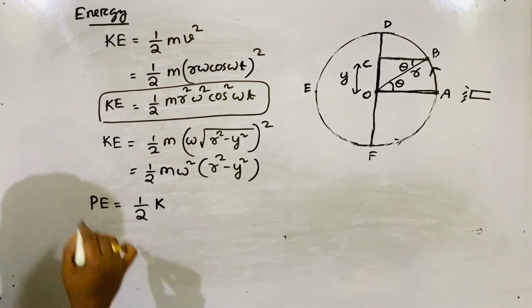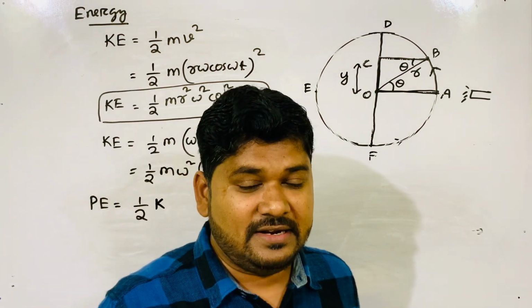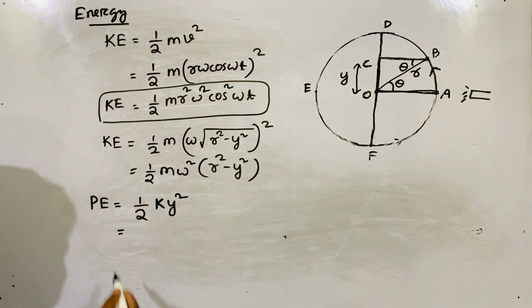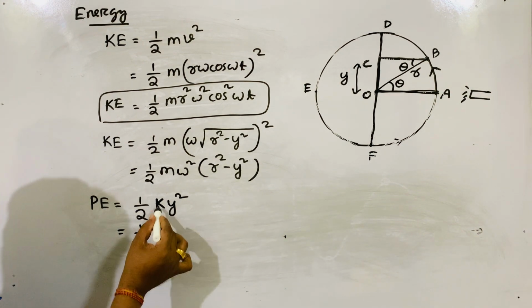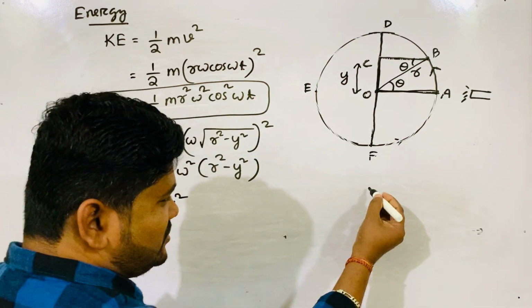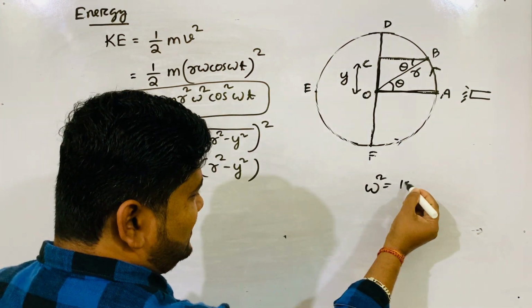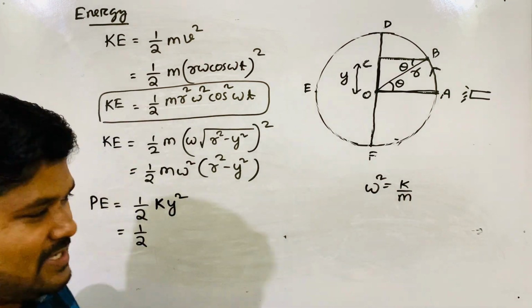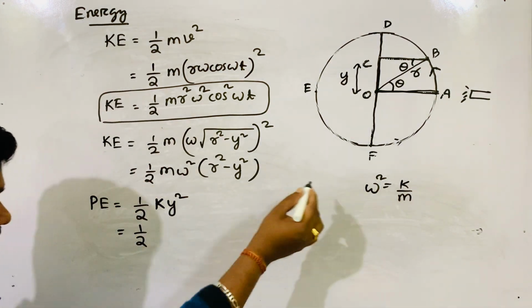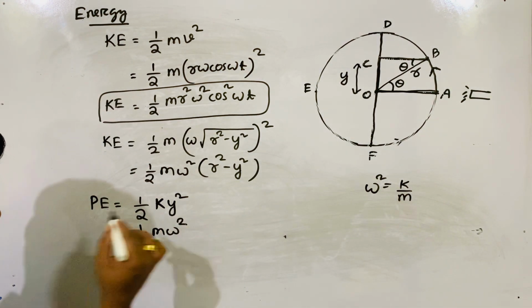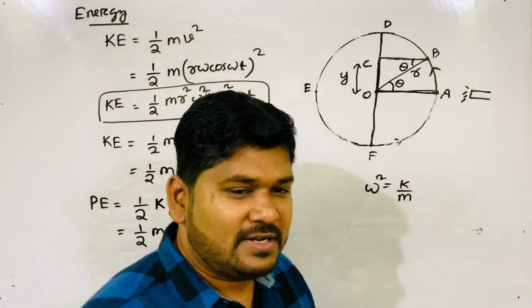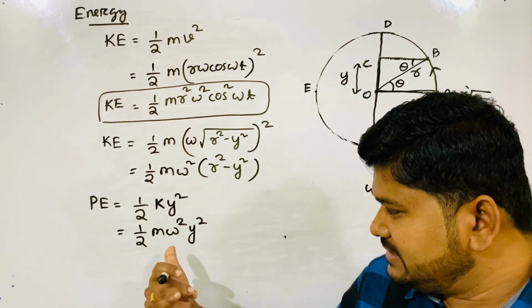Spring potential energy is half k x square, the same is here. So we write half k y square, taking the displacement as y. Then what is k? In the previous class I gave you the expression omega square equals k by m, which we derived at last. So k is equal to m omega square, and the potential energy is half m omega square y square.